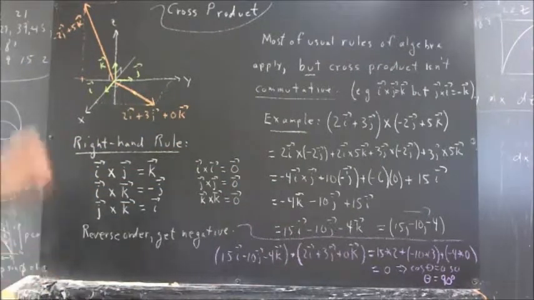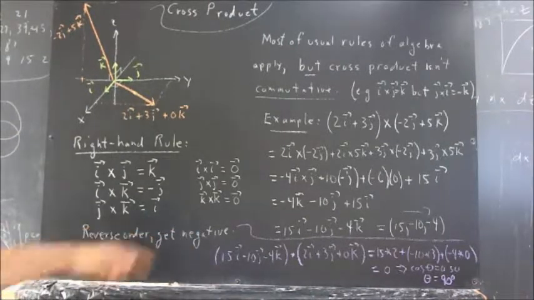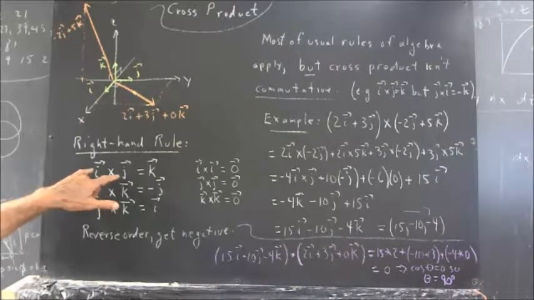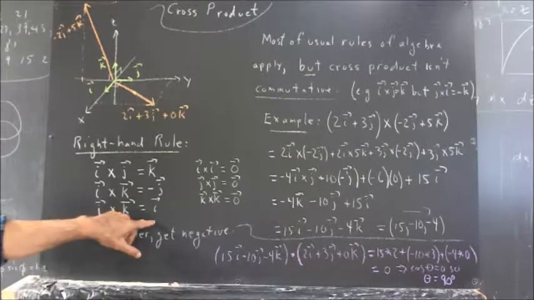Okay. And also a rule that if we reverse the order of the cross product, we get a negative. We don't really need that rule. For example, j cross k is i.